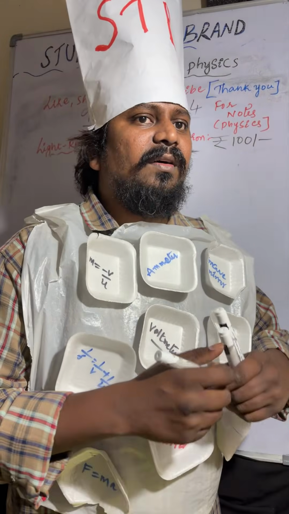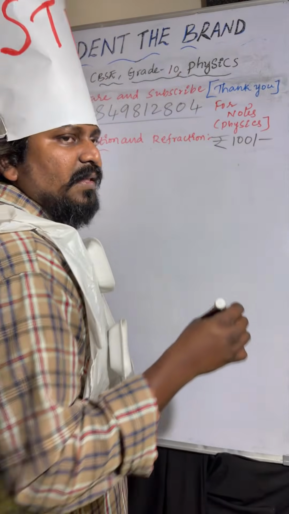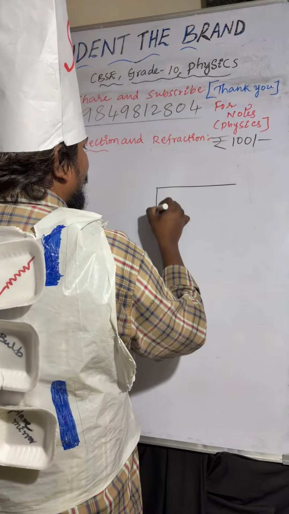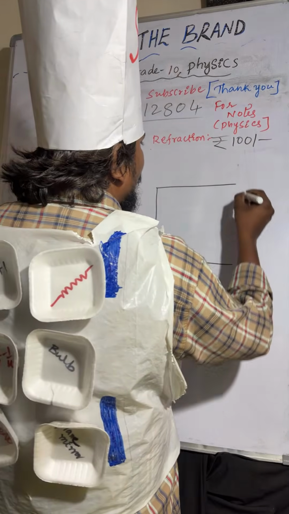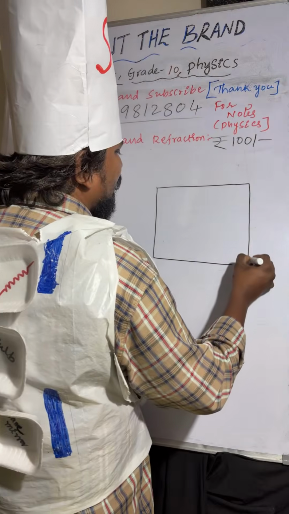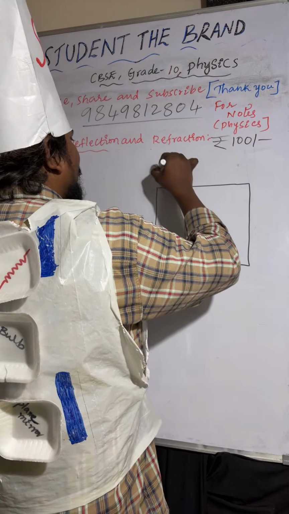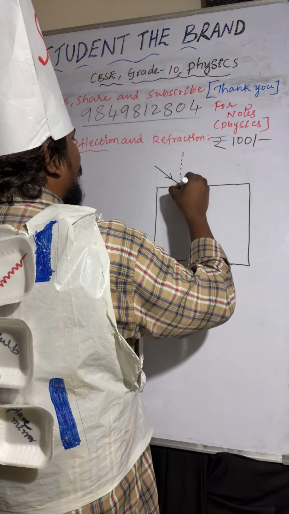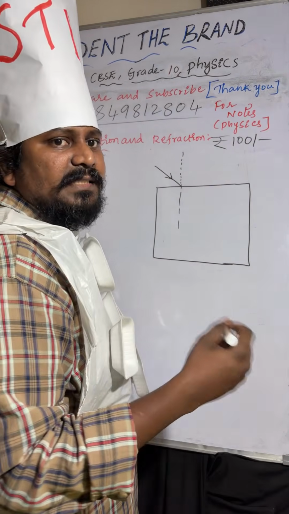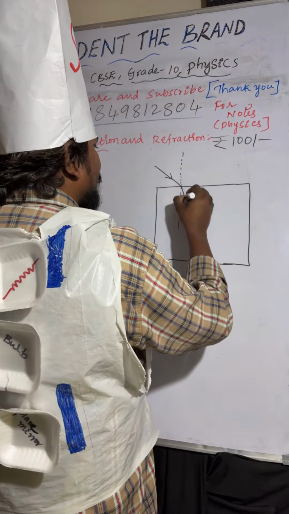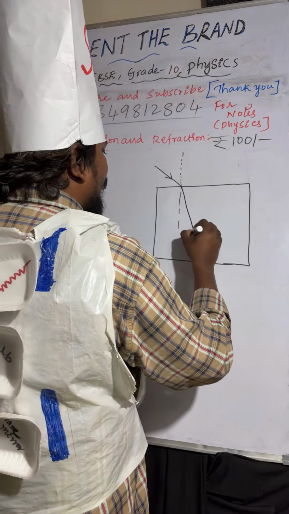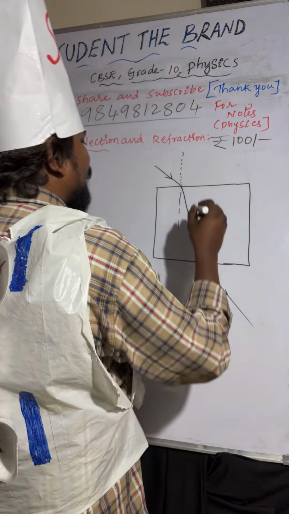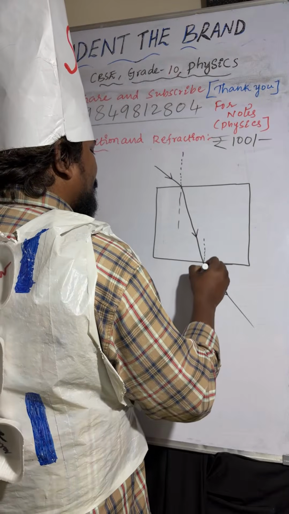Here you can see the incident ray, the refracted ray, and the emergent ray. This is the normal line.